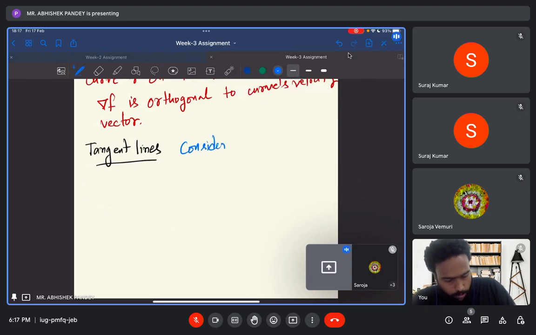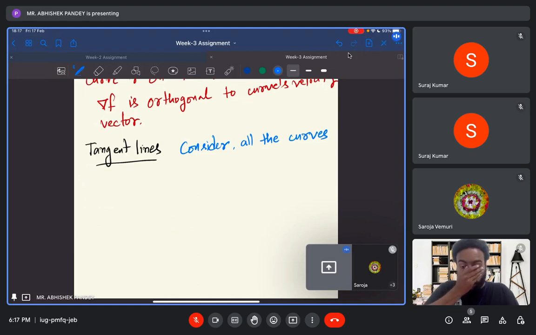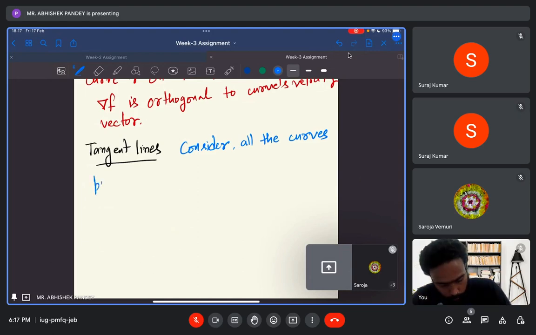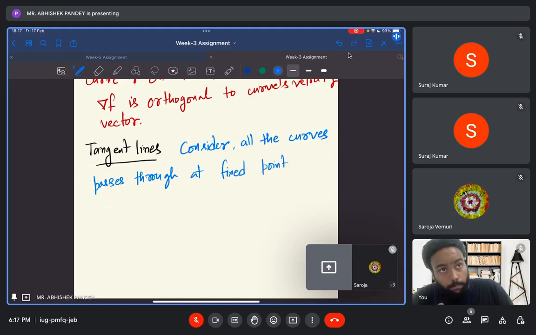So consider all the curves that pass through a fixed point p naught on the level surface.